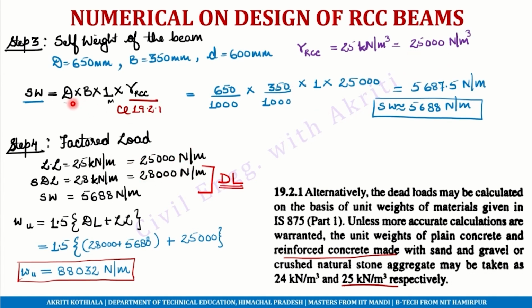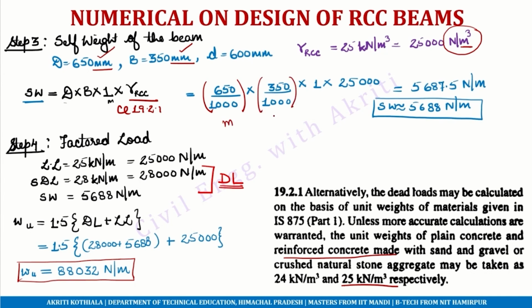Substituting the values, one thing we have to keep in mind is that the depth and the width of the beam which we have assumed are in millimeters. Because we are taking the value of gamma, the unit weight, in newton per meter cube, we have to change these units into meters as well. So we have divided 650 by 1000 because now this becomes meters.